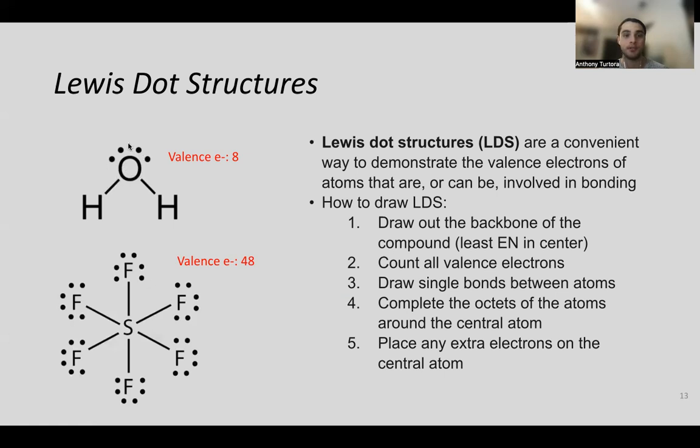And then we're going to fill the octets of the ones around the central atom, and then place any extra electrons around the central atom. In this case, we get 48 in each case, so we just leave it be without adding any double bonds or adding any other electrons to the central atom.